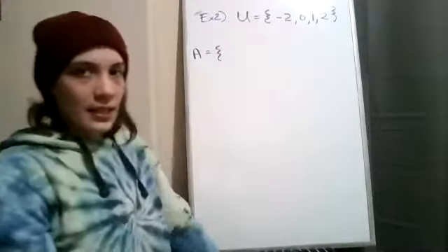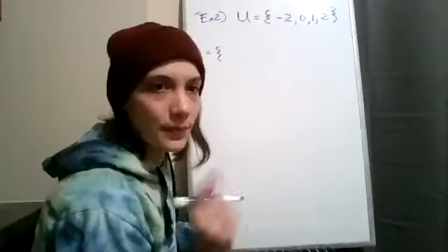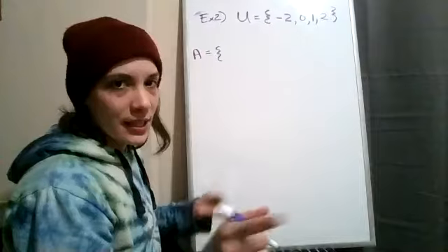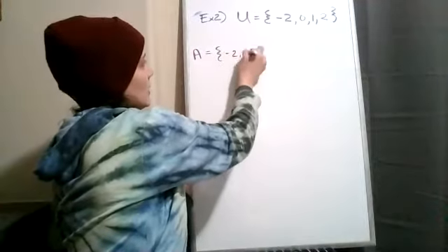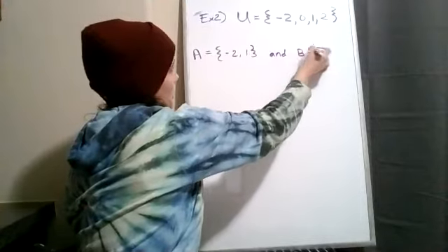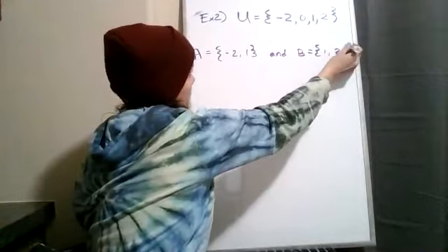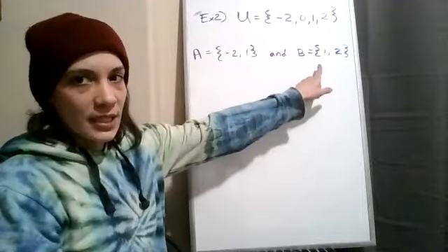Okay, A contains -2 and 1. Okay, let me see. I have a question on the side. We'll get to that. One second. Okay, so I have -2 and 1 in A. B is going to contain 1 and 2.